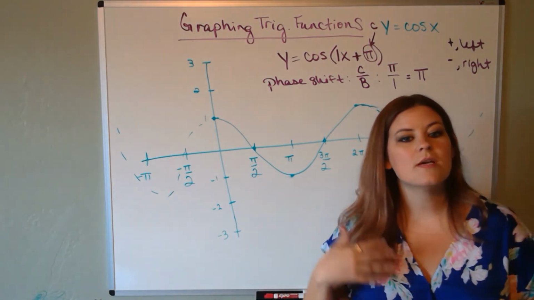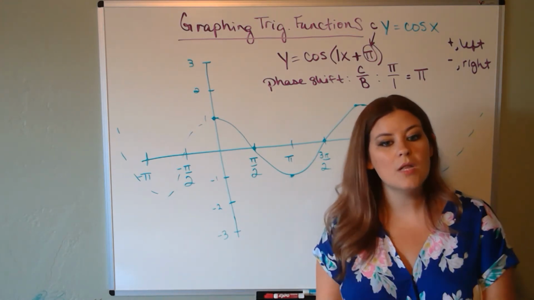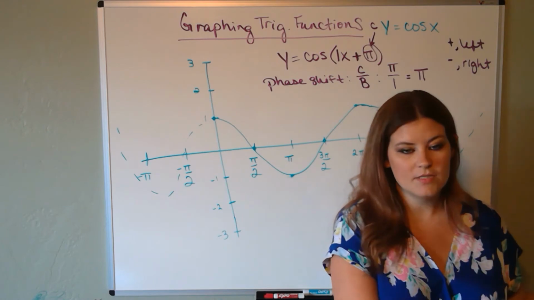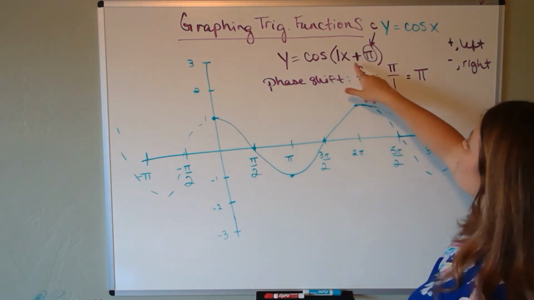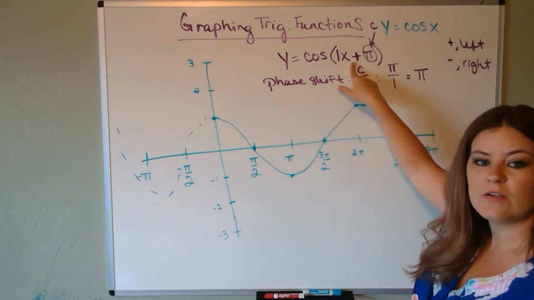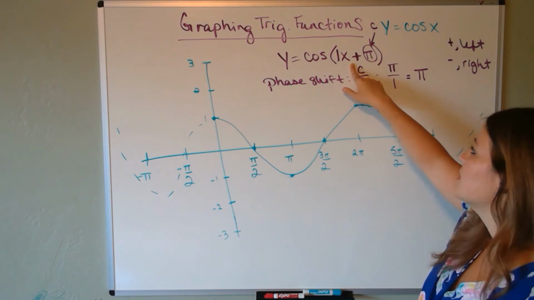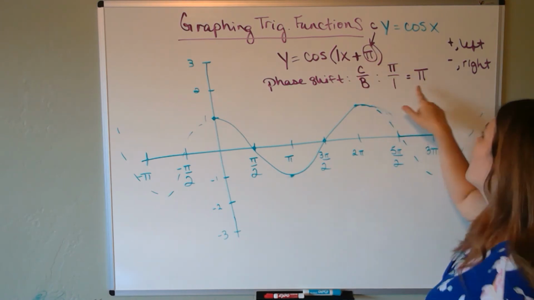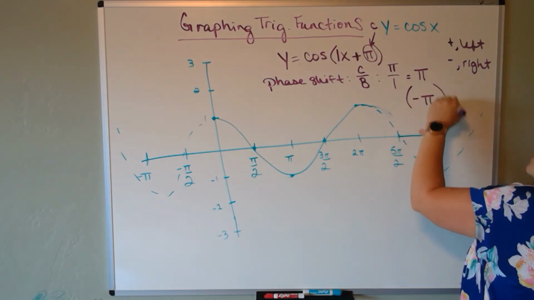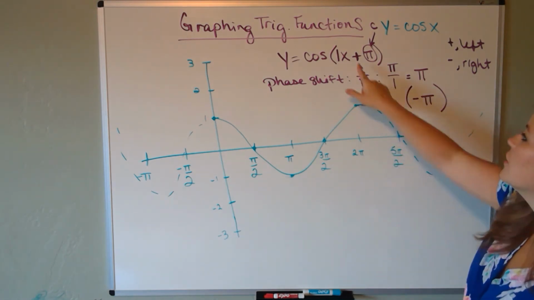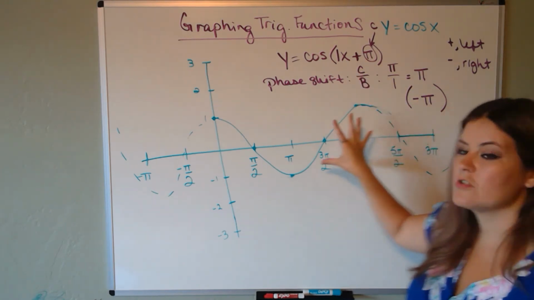You're going to use a minus to indicate that it's shifting to the left, and you're going to use a plus to indicate that it's shifting to the right. So I don't want you to get confused about it. What I do want you to do is take whatever is here and switch the sign. So for our phase shift, because this said plus pi, you would write in minus pi. No, it's not a minus there, but this minus indicates that we are shifting to the left.